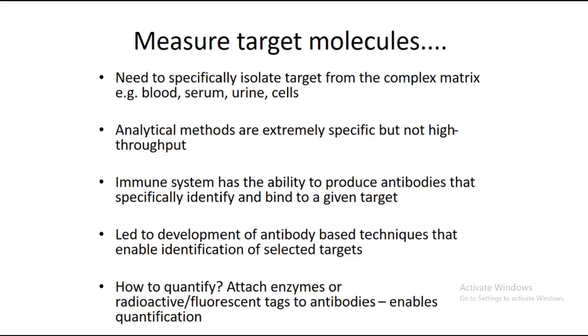And of course, the next thing then is, okay, so we detect the targets, how do we quantify them? Generally speaking, in ELISAs, the quantification will be done through the use of enzyme-mediated activity, or in other technologies, you can also have fluorescent tags attached to the antibodies, which enable quantification.